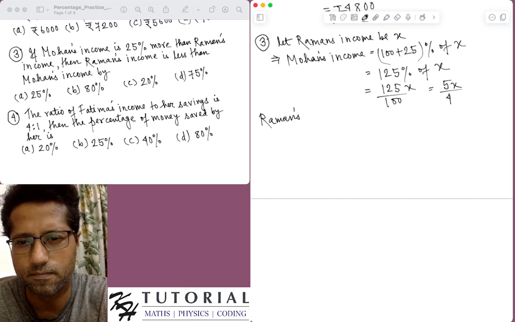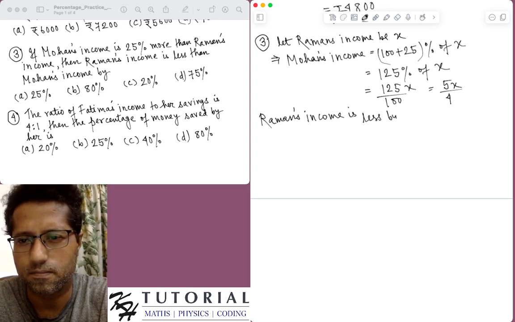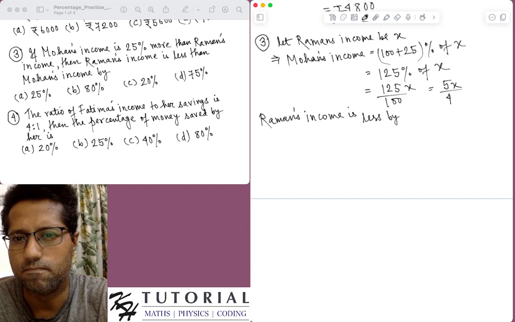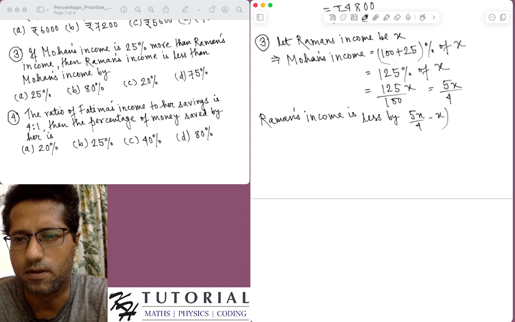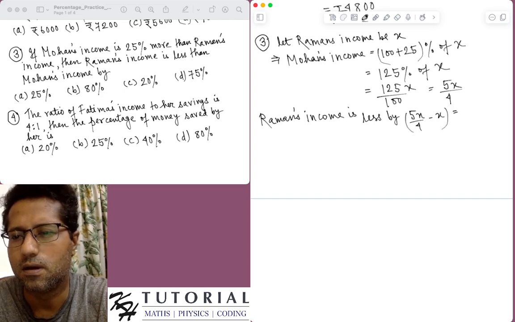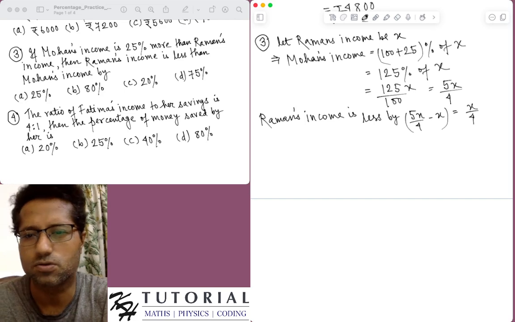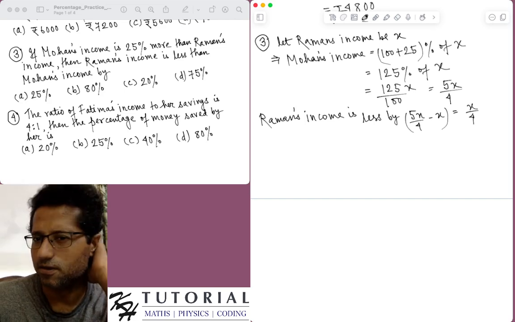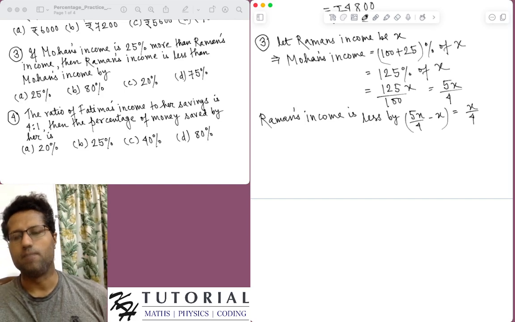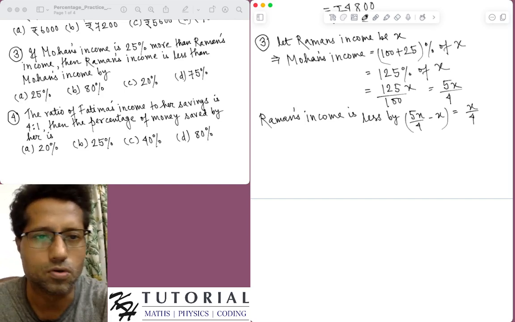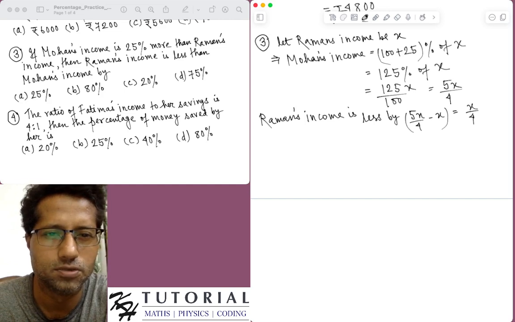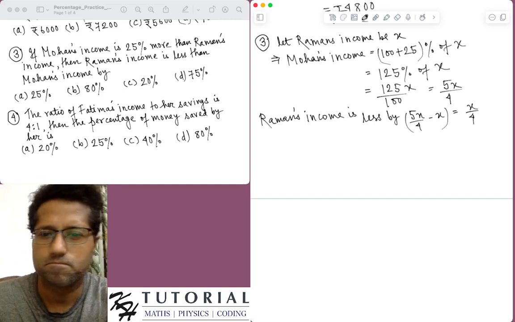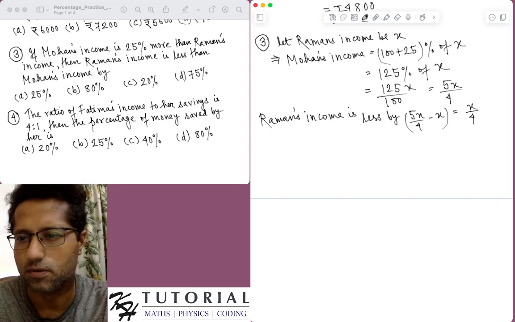So Raman's income is less by 5x by 4 minus x, this equals x by 4. So if Raman's income is x, then Raman's income is less by x by 4. This less amount we have to find.